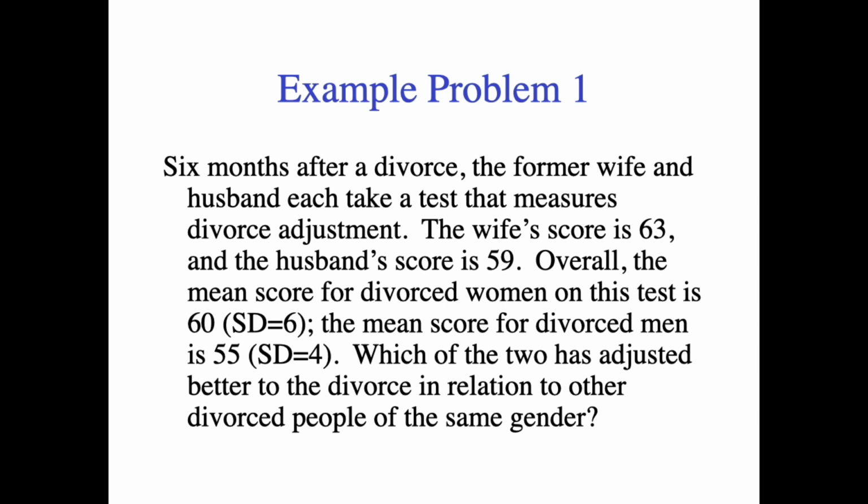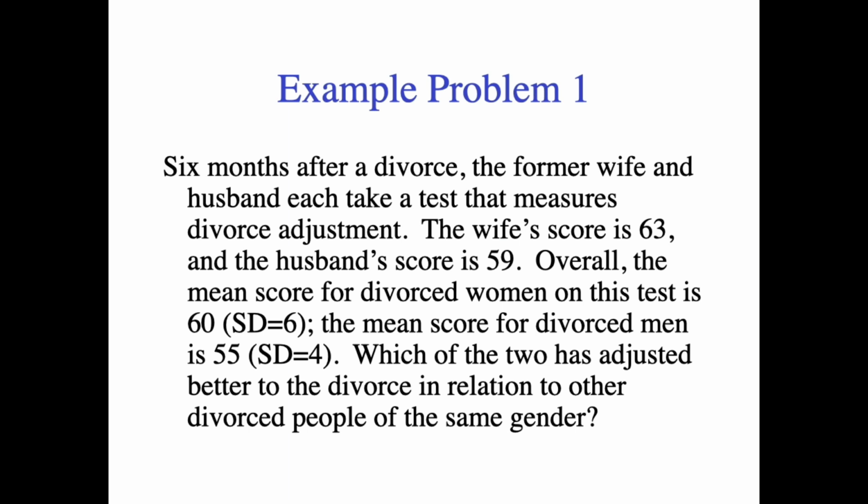Overall, what we know about the population of men and women who've gone through divorce is that the mean score for divorced women on this test is 60, with a standard deviation of 6, whereas the mean score for divorced men on this score is 55, and the standard deviation is 4. So the question is that given the fact that men and women differ already on this test, which of the two here has adjusted better to the divorce in relation to other divorced people of the same gender?